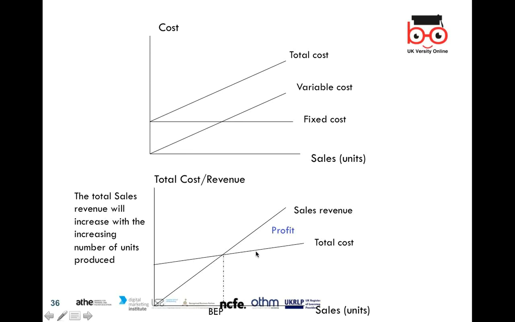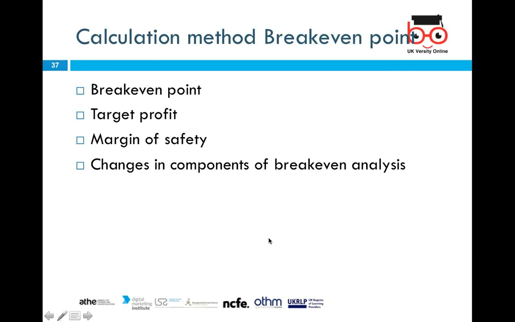The total sales revenue will increase with an increasing number of units produced. So the company should focus on that area, because definitely the company wants a profit. They want to identify which sales are expected, budgeted or forecasted on the basis of the cost. And this is the profit area.